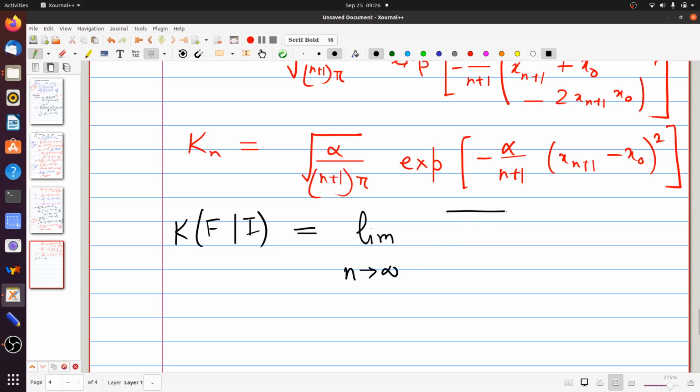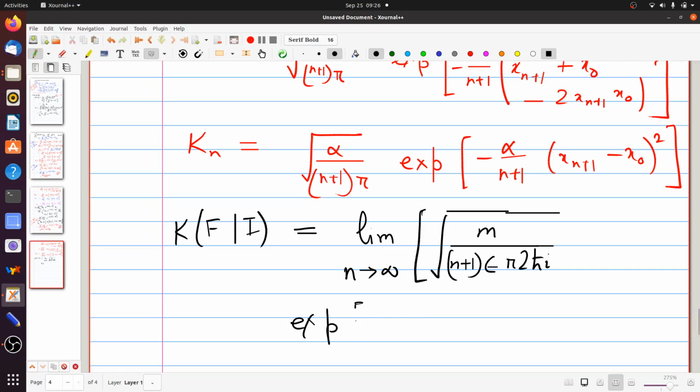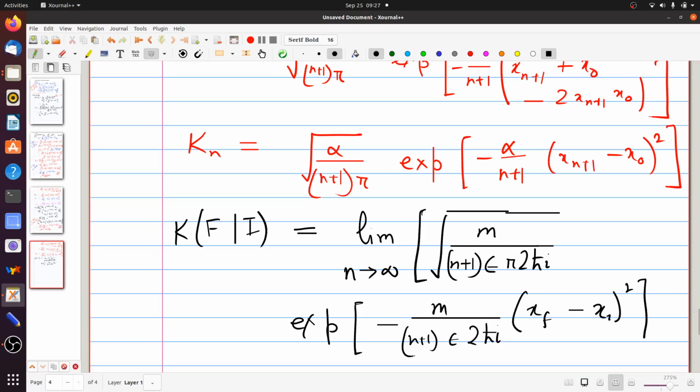And in the interest of taking the limit, let me put back for alpha the factor that this really stands for, n plus 1 epsilon pi twice h cross I. So that's what substituting the alpha back gives here, an exponential minus the same factor except for the pi, n plus 1 epsilon times twice h cross I. Now xn plus 1 is nothing but the final x, xf, and x0 is nothing but the initial x, xi, whole square.